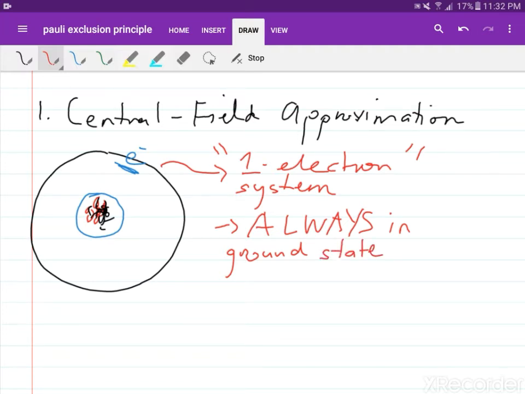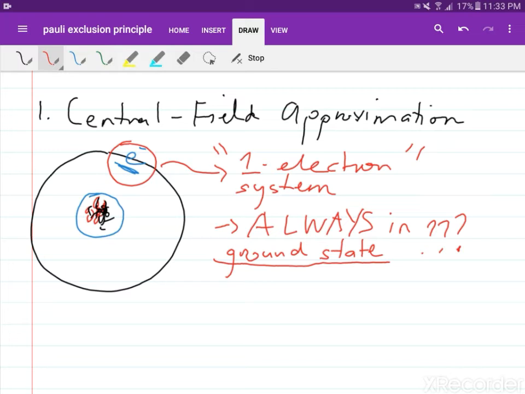So why would we expect it to always be in the ground state? Because that's the nature of everything in the universe. We always want to move to the lowest possible energy state. You wouldn't see, for example, a ball that moves up. It wants to always be in the lowest possible energy state. So we would expect this electron to always be in the ground state.